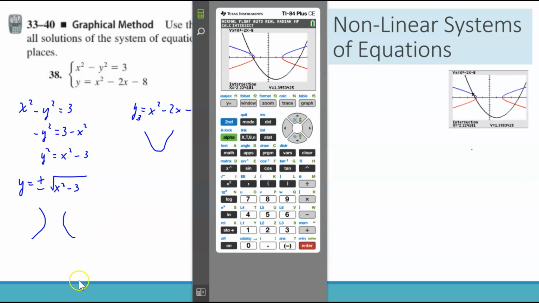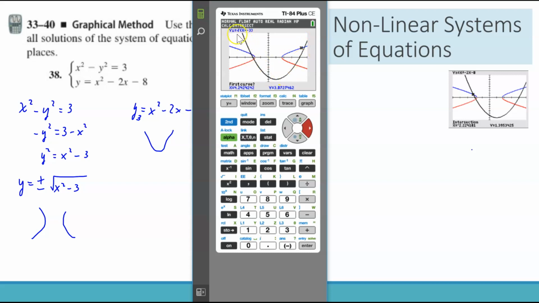Now we're looking for our next intersection point. We'll hit second, calculate, intersect. We're going to move our cursor to that point of intersection. There we are. So this would be considered the first curve. I'm going to hit enter. When I look for the second curve, I want to be on the parabola.